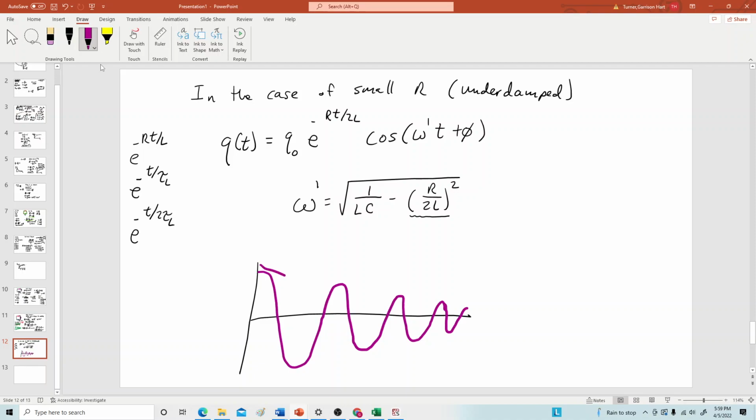The bound of this line and the bound of this line represent the exponential decay part.